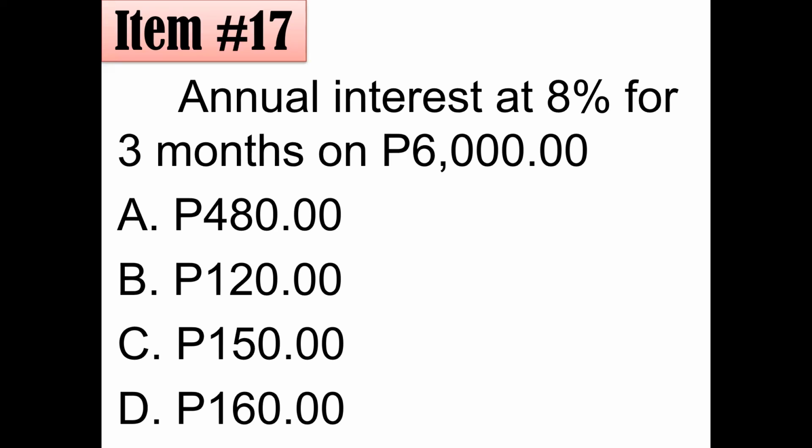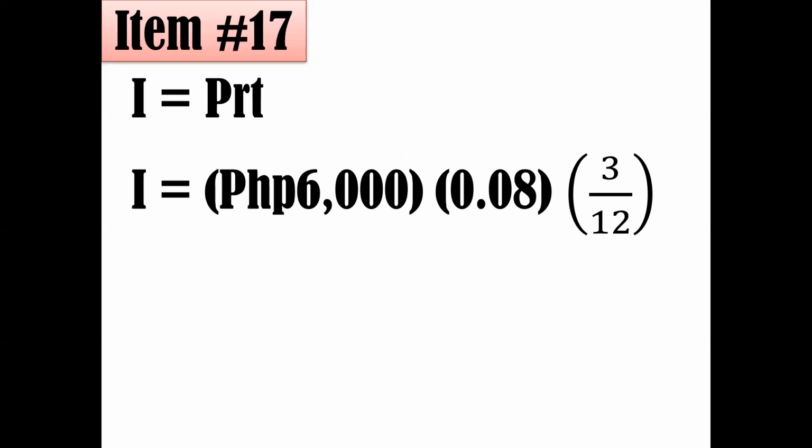Okay, B daw na 120. Tingnan natin. So, simple interest equals PRT, di ba? But remember po natin ha, your principal amount o yung ininvest mo ay 6,000. Yung rate ay 8%. So, converting that to decimal, that's 0.08. Pero careful po. Sa formula na to, it's understood that your time is in terms of years.